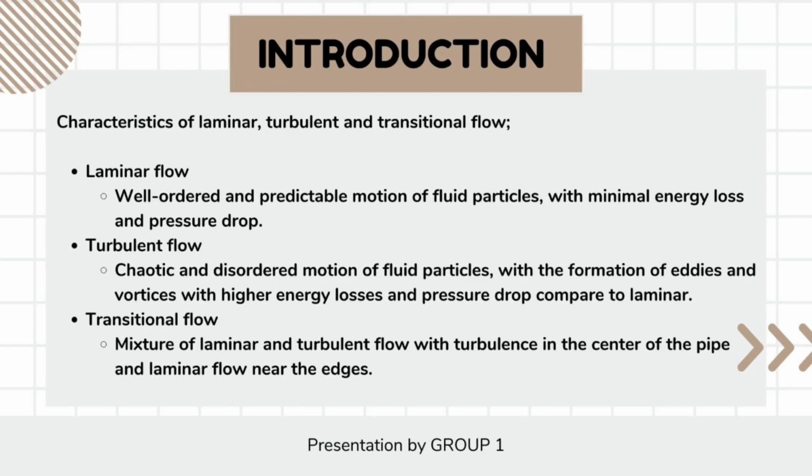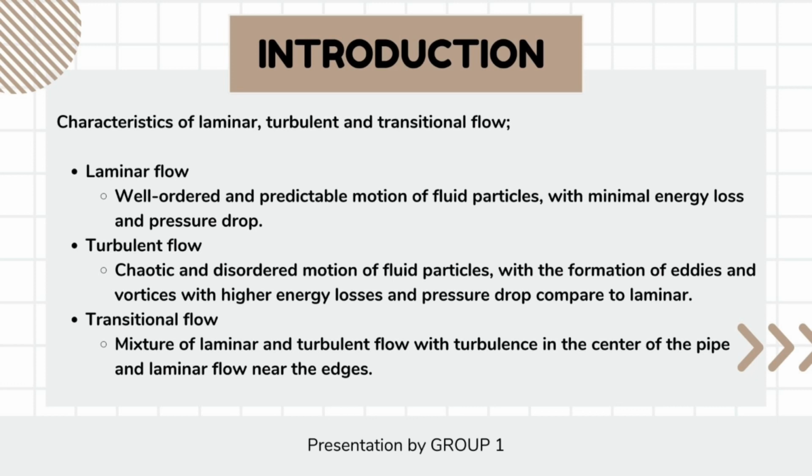Alright, these three flows have their own characteristics. The first one is laminar flow. It is a well-ordered and predictable motion of fluid particles with minimal energy loss and pressure drop. The second is turbulent flow.